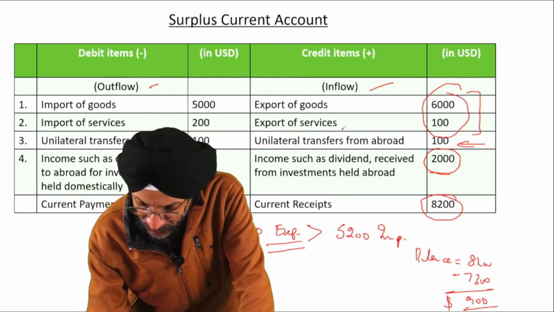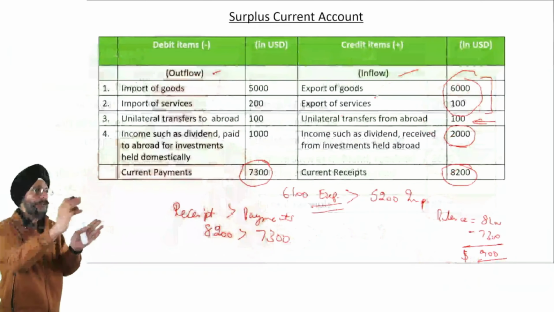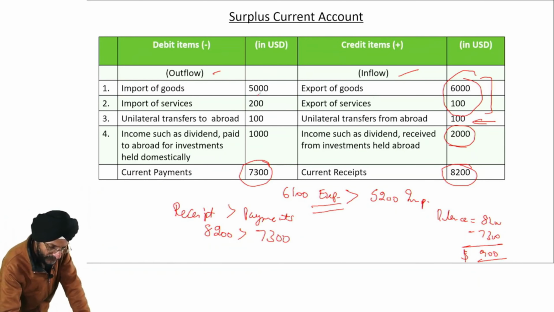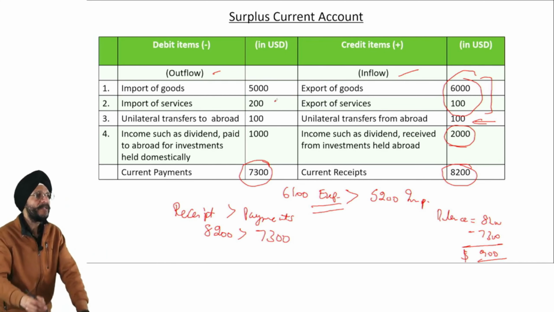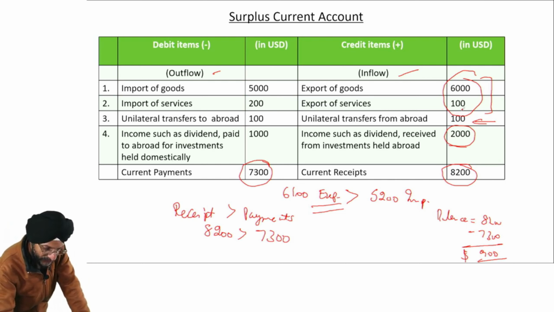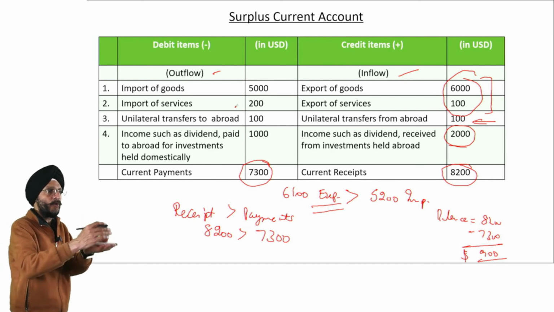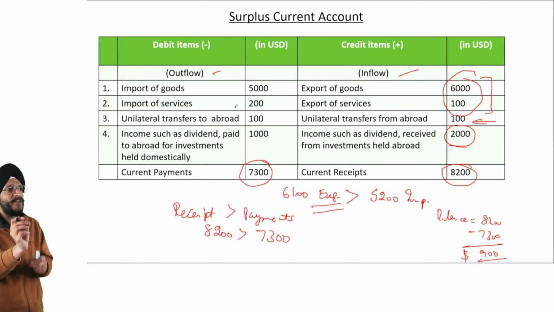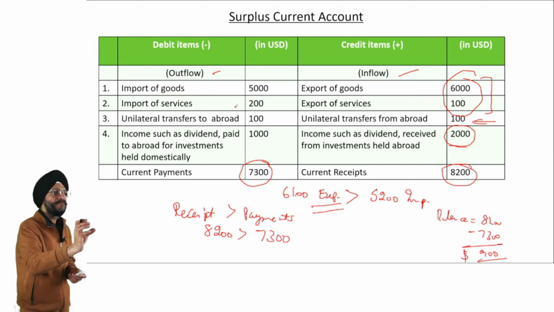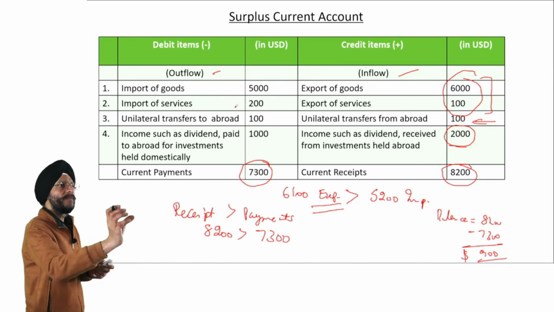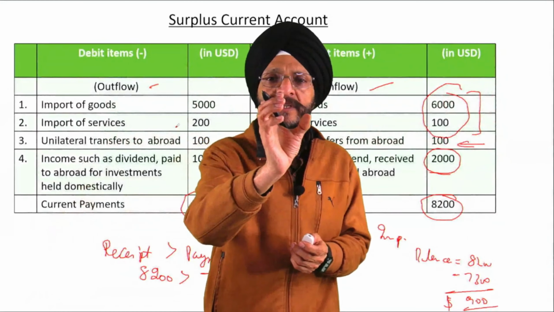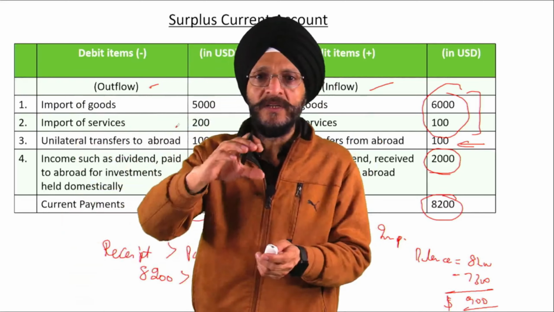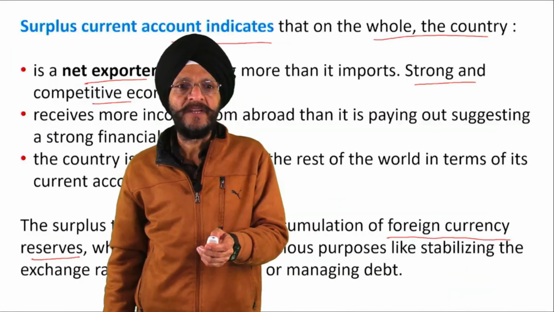Although overall the exports of goods and services are more than the imports as a whole, here the export of services is less and import is more. Import of services is 200 whereas export of services is 100. So it is quite possible that an individual item in the current account may be in deficit, but overall as a whole credit is more than debit.